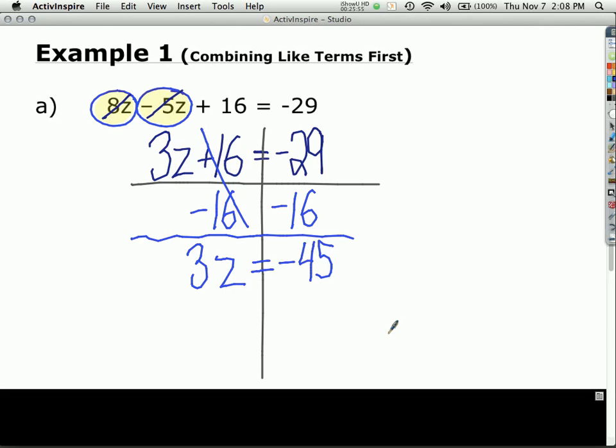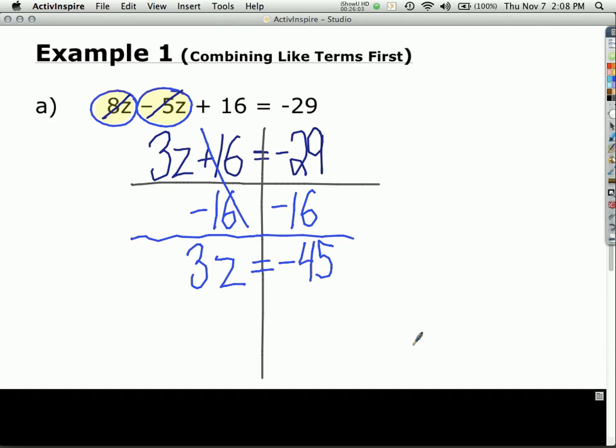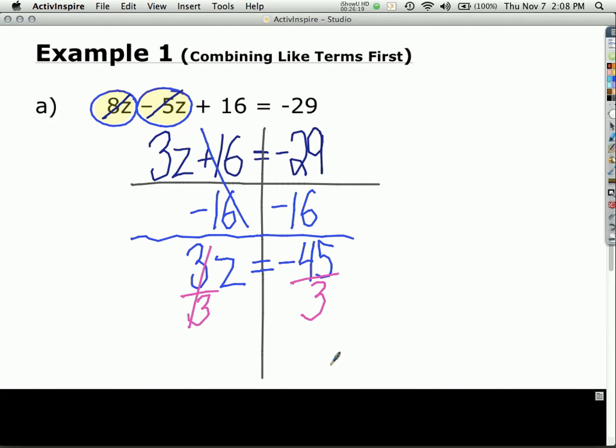So that was one step, but we know that this is a two-step equation, so what's the second step that we do to solve? Valerie? Divide both sides by 3. This will disappear, and now we just have to do negative 45 divided by 3. What do we get? Isabella? We get z equals negative 15.